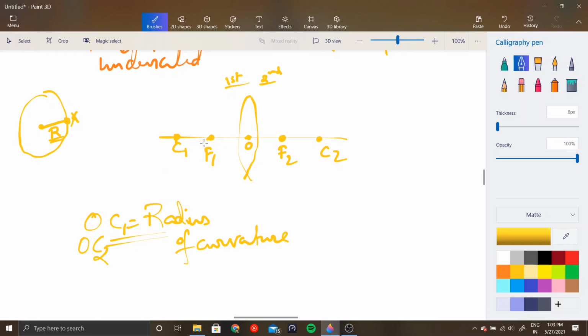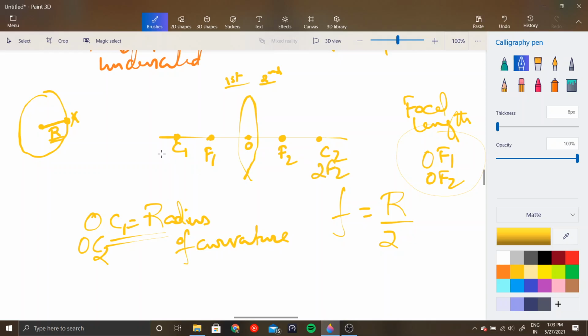Now, the distances OF1 and OF2 are actually called the focal length. The relation is that the focal length is the radius of curvature divided by 2. So you can rewrite C2 as 2F2 and C1 as 2F1.